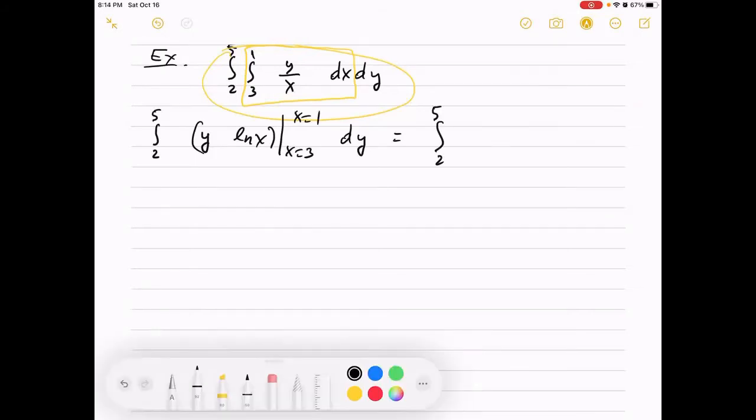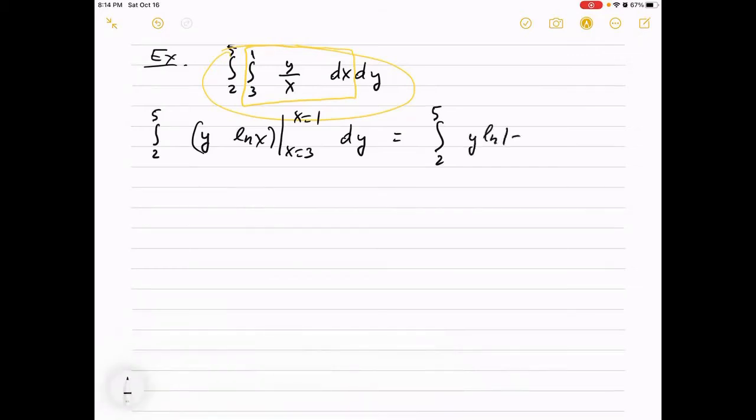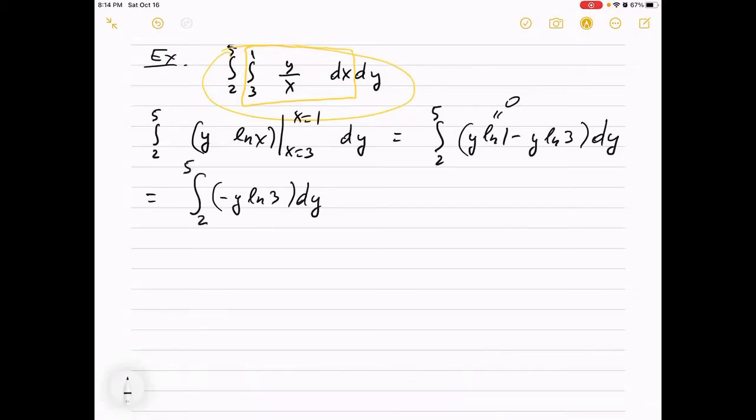So we're first substituting 1 for x, then we substitute in the lower bound for x, and we're going to get ln of 1 is 0, so we get negative y ln of 3. That expression needs to be integrated with respect to y, and the limits for y are from 2 to 5.